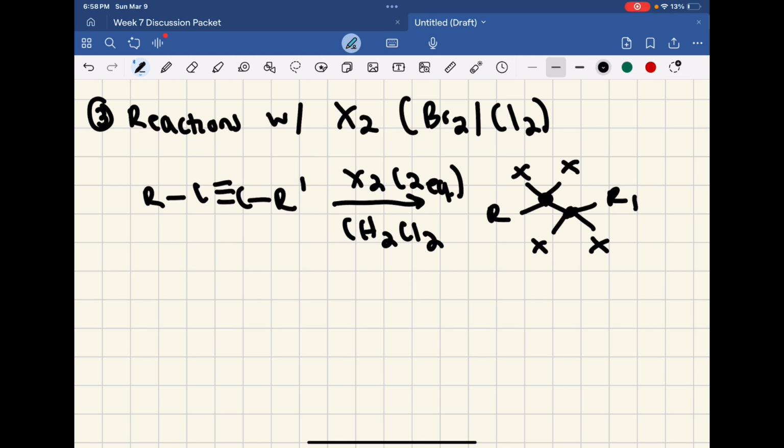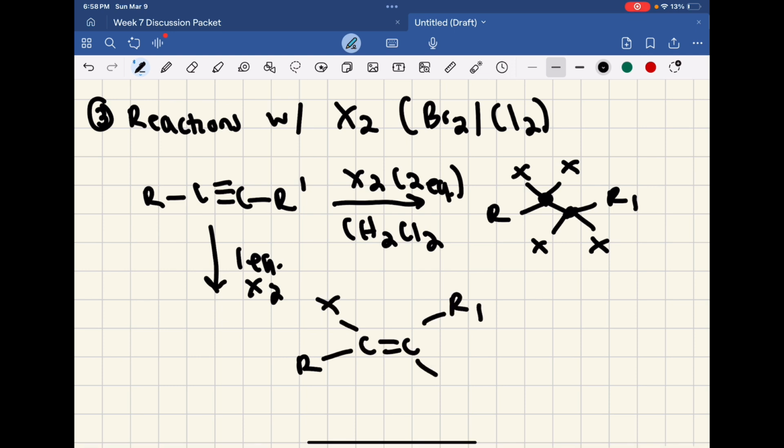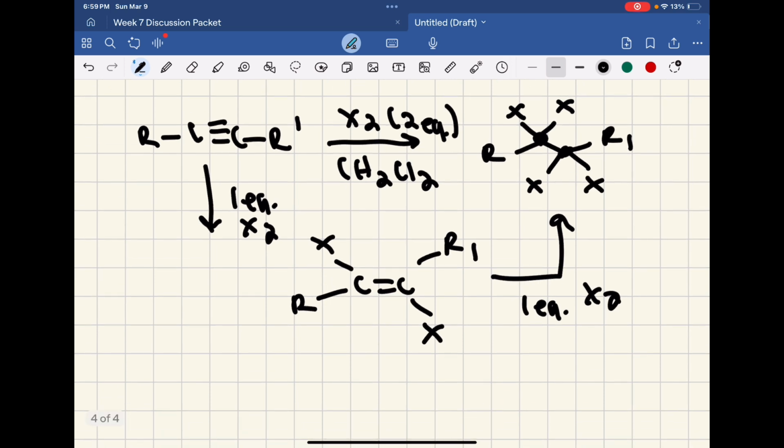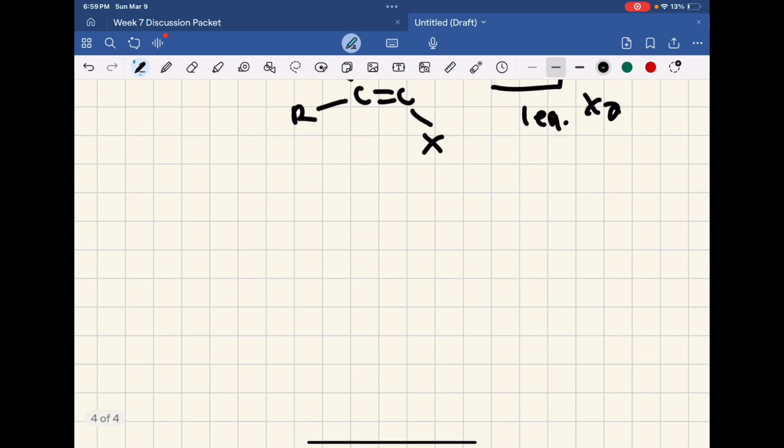But again, we could do this stepwise, where one equivalent of X2 gives us an alkene. Notice we have 1 equivalent adding across the triple bond, and then you could have 1 more equivalent of X2 to get there. So just be aware of these things. Let's do an example of that.